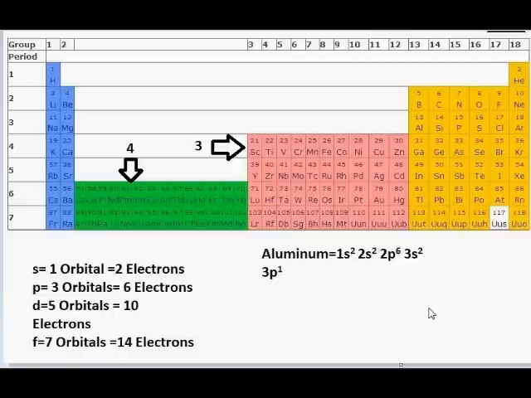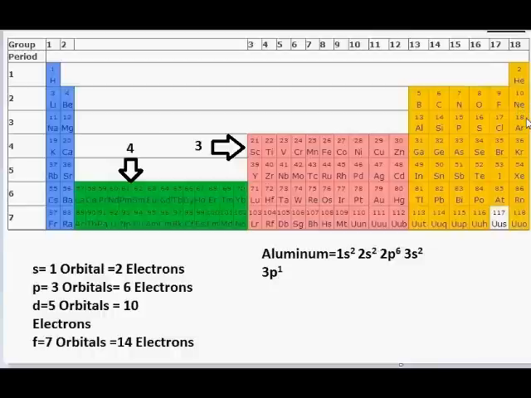Now to move on to noble gas form. In noble gas form, you're basically simplifying the writing of electron configuration. In order to write the electron configuration in noble gas form, we simply take the noble gas that's closest to the element. For this example, I will use aluminum again, and I'll take the one closest to it that isn't after, that's very important.